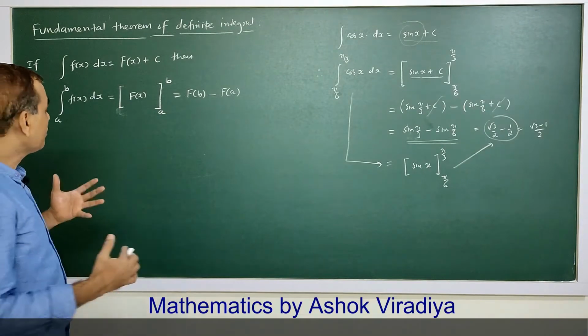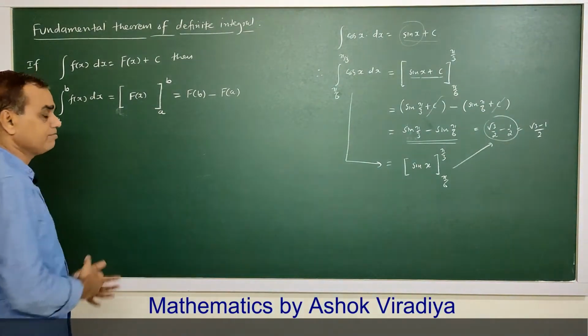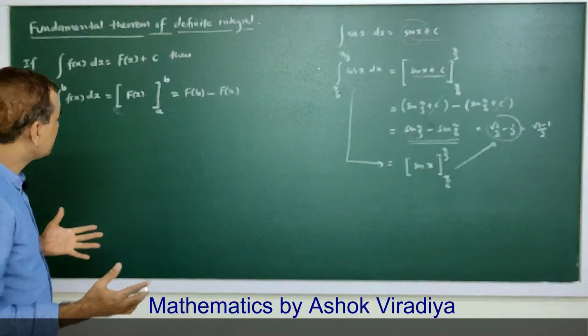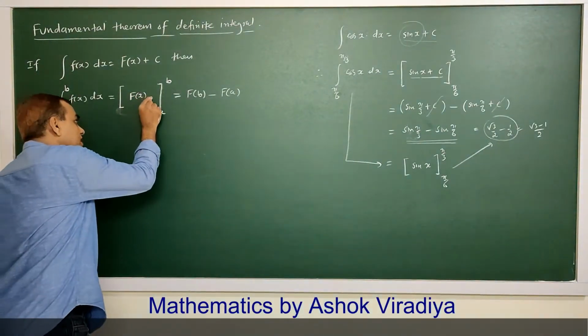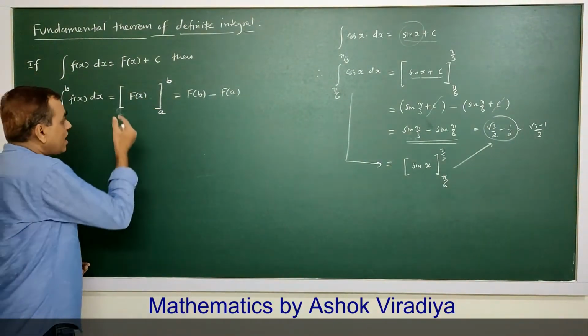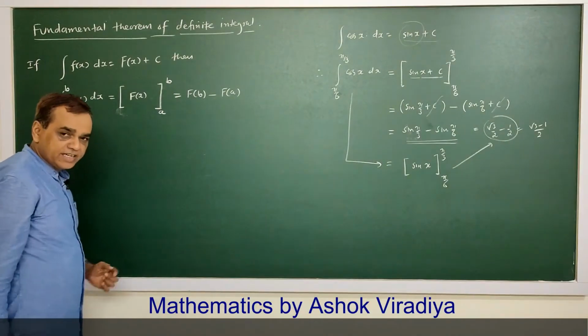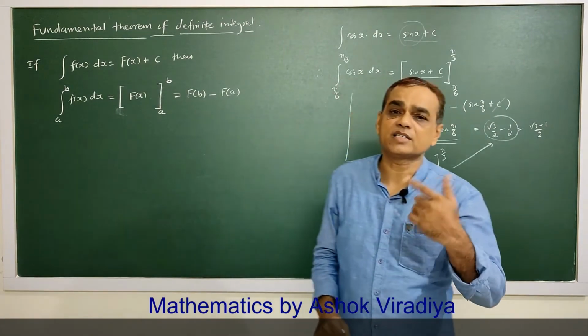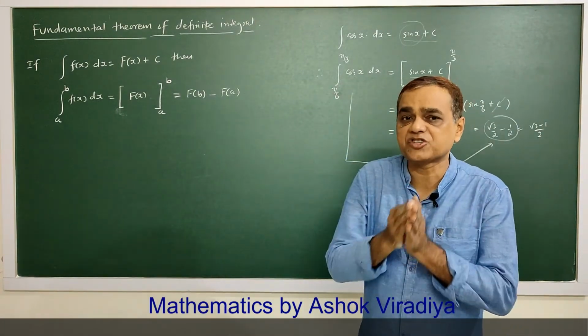So now we are doing sums on this theorem. The only new thing is, don't include c. After putting the integral in the rectangular bracket, put upper limit minus lower limit, that is the only extra work.